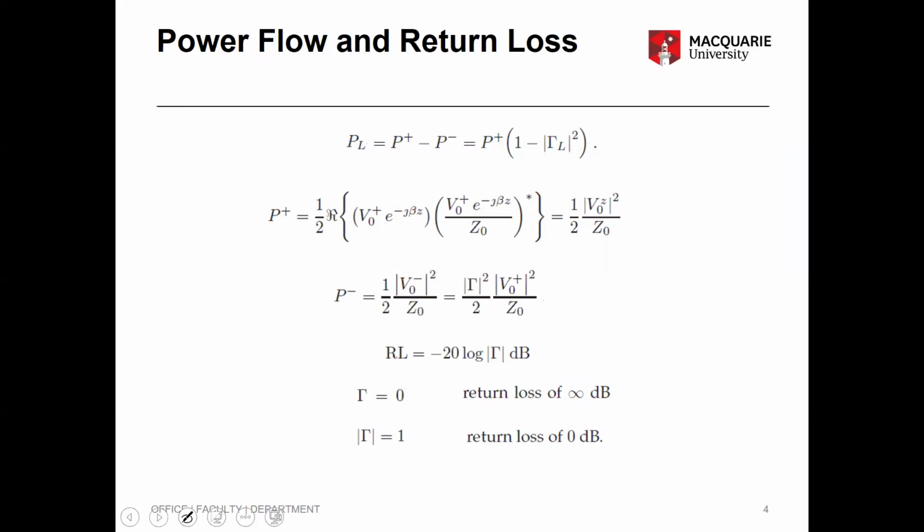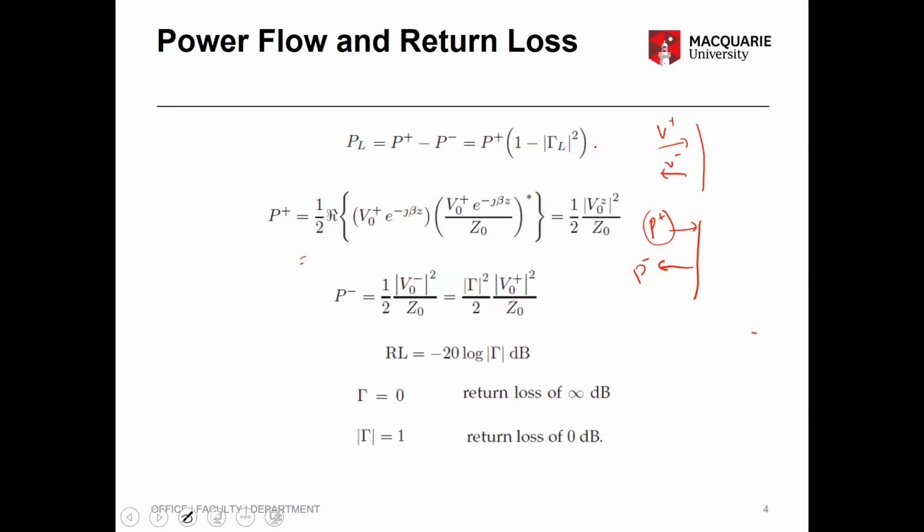So at an interface, just as you were thinking about voltage incident and voltage reflected, we can also define power incident and power reflected. So power incident can be defined as the half.